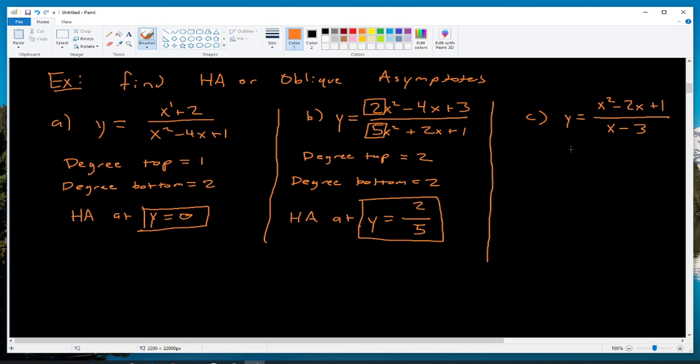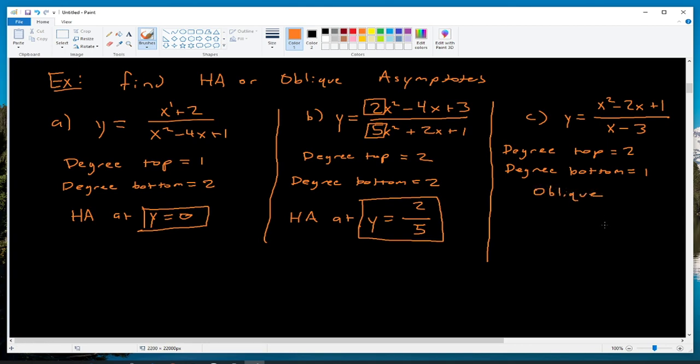And then over here for part C, the degree of the top is 2 and the degree of the bottom is 1. So the top is a bigger degree than the bottom. So what that says is we get an oblique asymptote, and it's at y equals the quotient of the division.